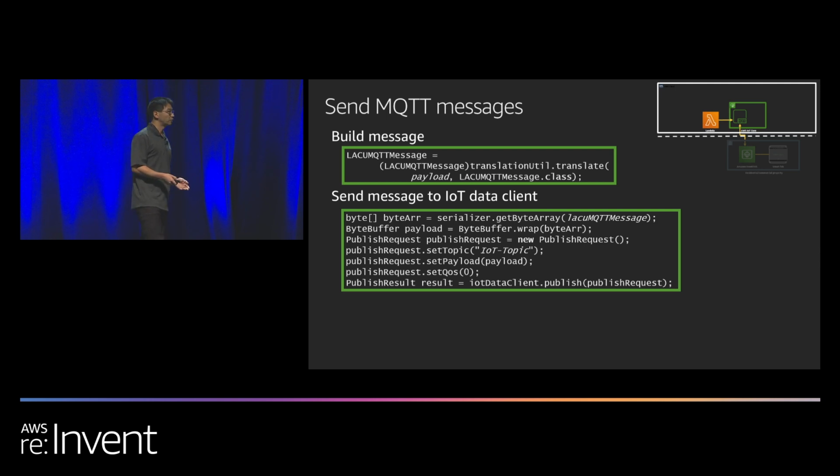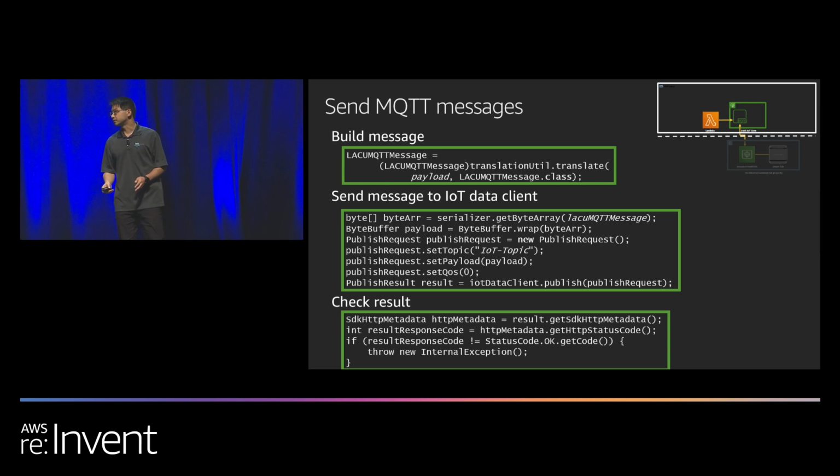In this class, we need to provide the IoT topic, which we can get from the IoT Core, and then we set the payload as the byte buffer we just created, along with the QoS, and then we trigger the publish. Once we trigger it, IoT Core sends this message based on QoS 0 or 1, depending on whatever we set, and publishes it down to the device. Lastly, we check the response from the SDK to make sure there is no error and handle it if there is any.